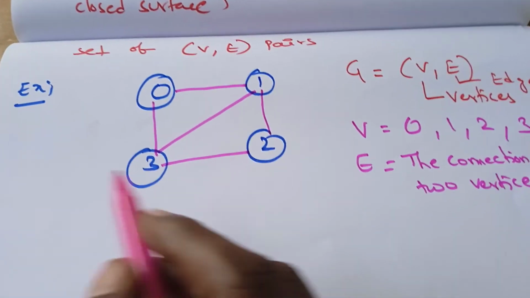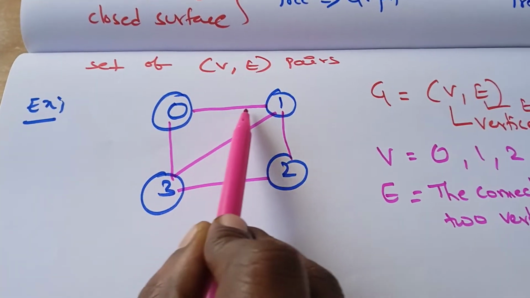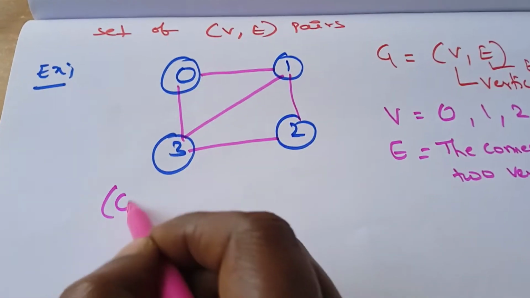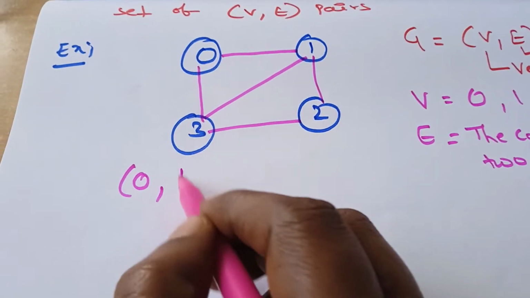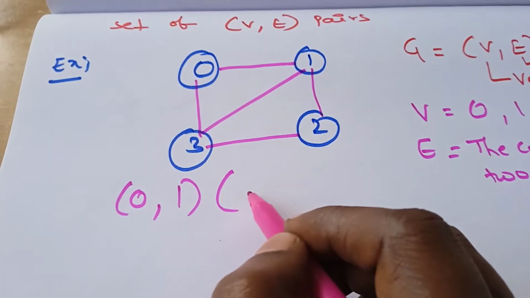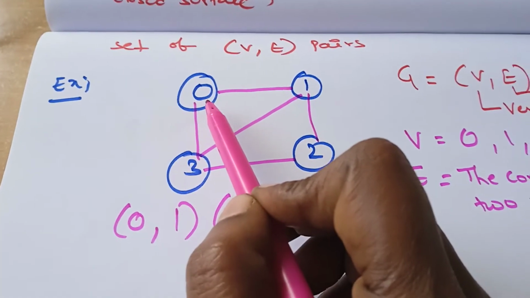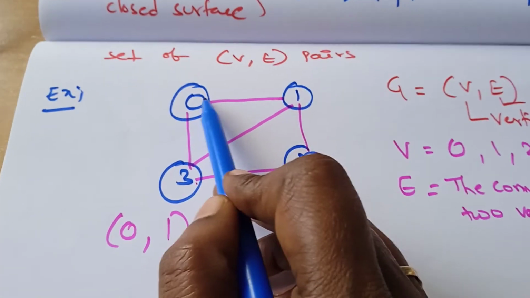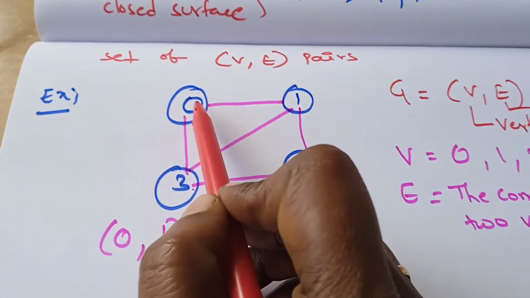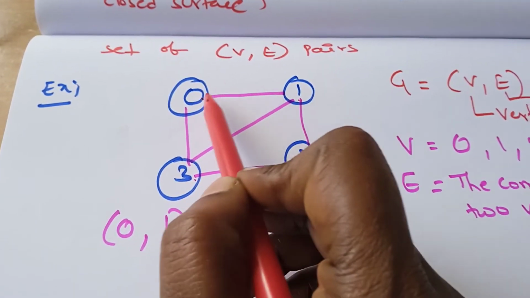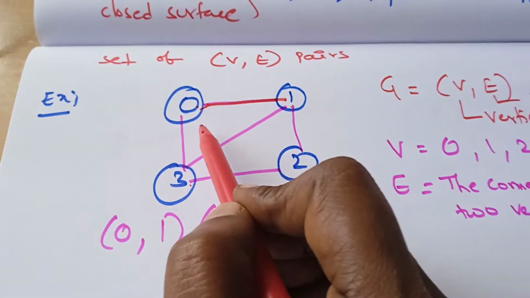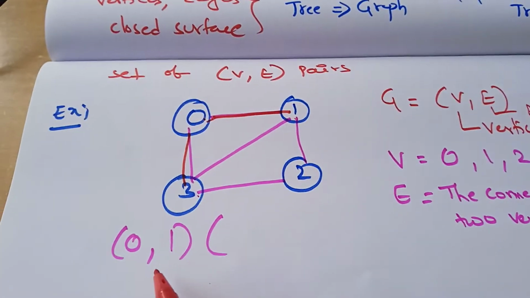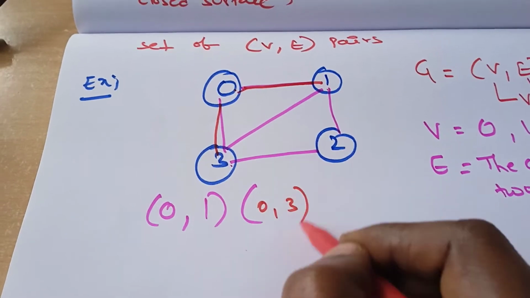Now identify the edges. This is an edge in between 0 and 1, a pair of vertices, 0 comma 1. And 0 has another edge from 0 to 3. So 0 comma 1, 0 comma 3.